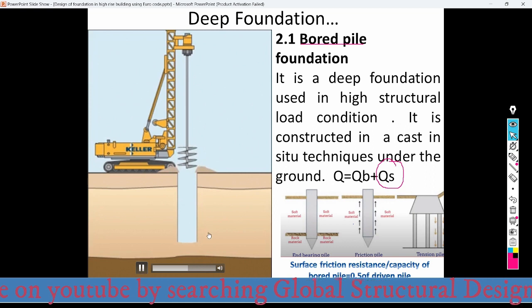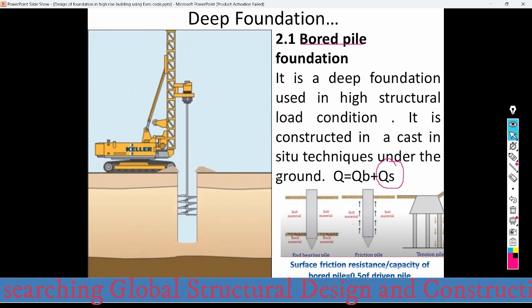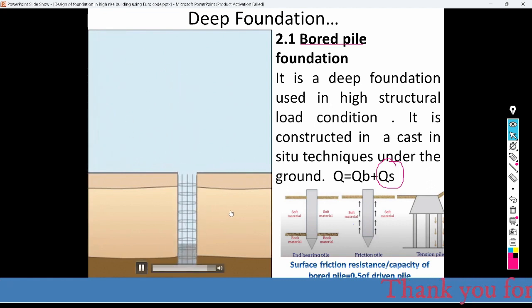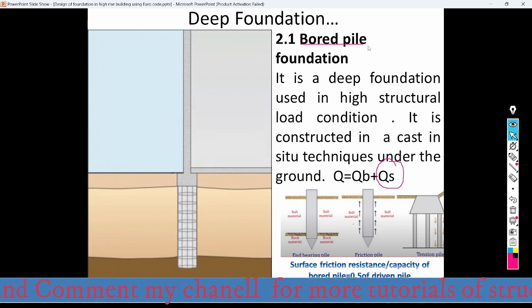Just after removing the soil, the reinforcements of the pile will be inserted, and after that the concrete will be cast. Here the reinforcements are inserted, and the concrete is cast here. So the superstructure continues. So this type of pile foundation is called bored pile foundation.